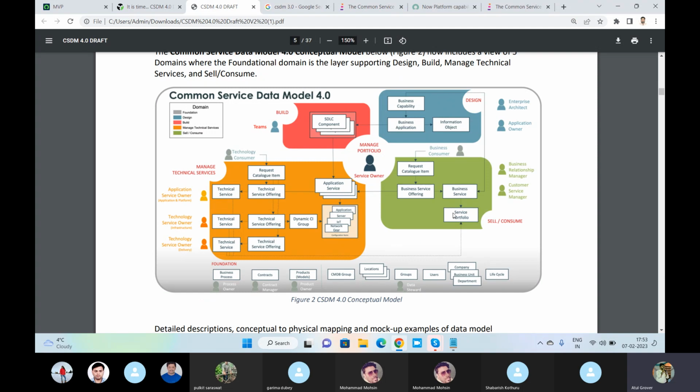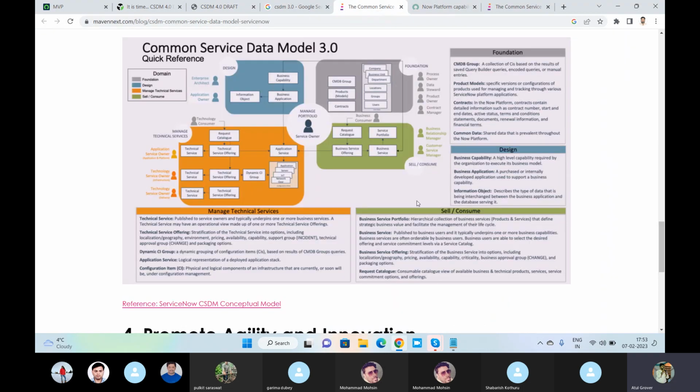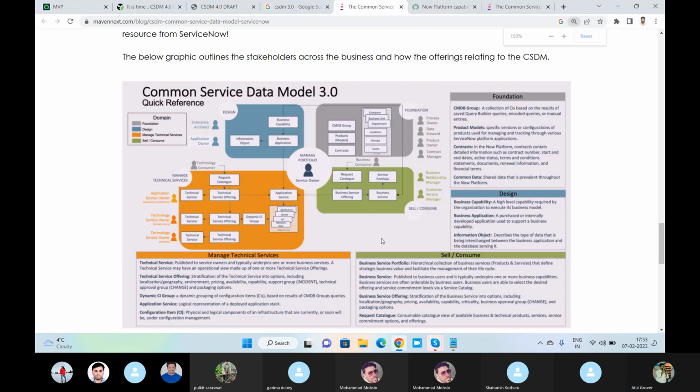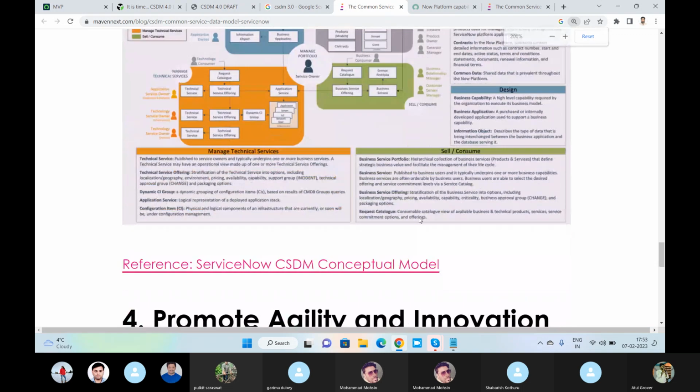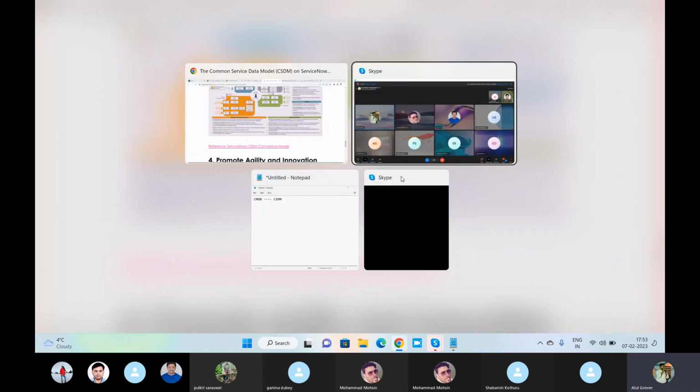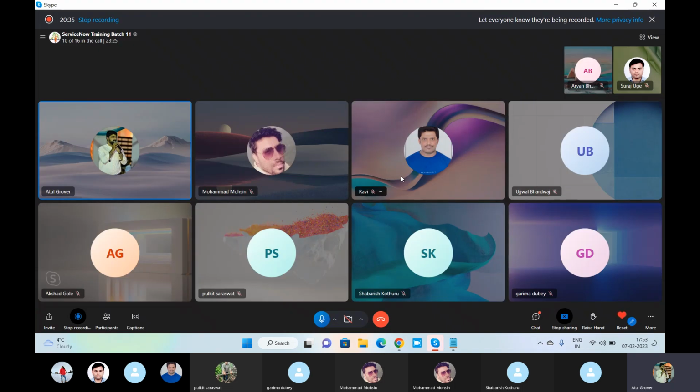Now under that, this has a link with the business service. What is the meaning of the business service? Let's come here. Business service is published to the business users. Let's say I'm saying training as a service. Now nobody says, Atul, I want to buy a training from you.